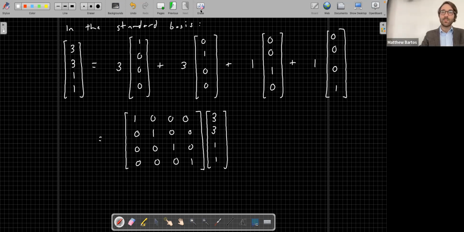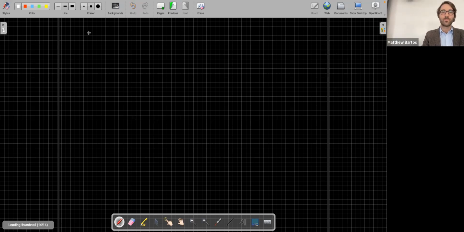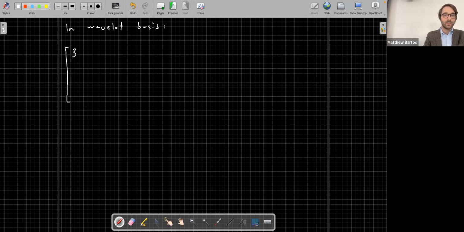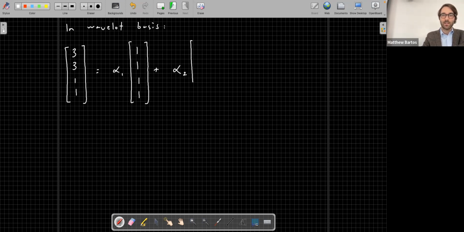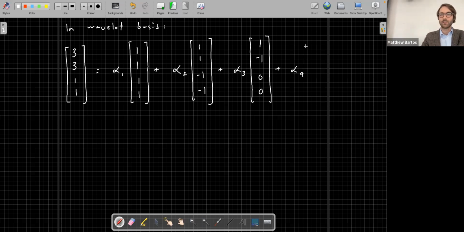So let's now express this in our Haar wavelet basis. Let's say our vector 3, 3, 1, 1 is equal to some coefficient alpha 1 times our first basis element, which was the vector of all ones, plus some second basis element times 1, 1, negative 1, negative 1, plus some third basis element, which is 1, negative 1, 0, 0, plus our fourth basis element, which is 0, 0, 1, negative 1.